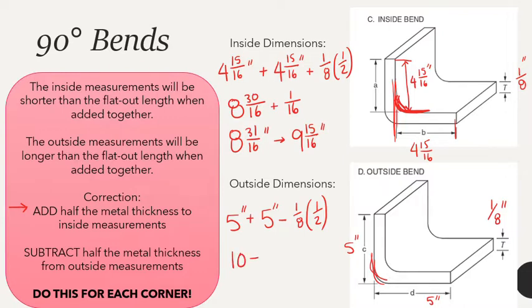So we have 10 minus 1/16, which should get us to exactly the same location, 9 15/16. So if you want to do this, your flat out length that you start with is going to be 9 15/16 inches.